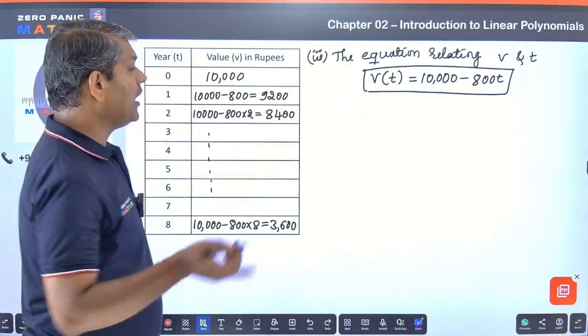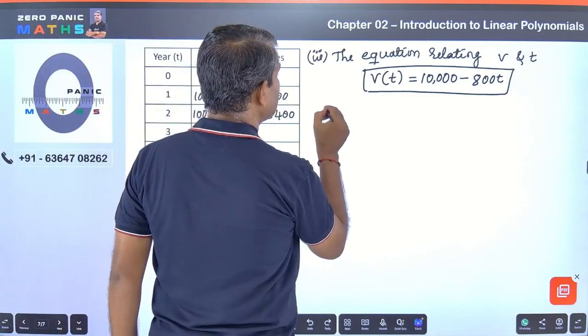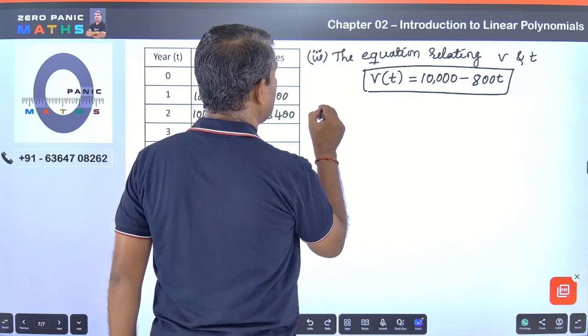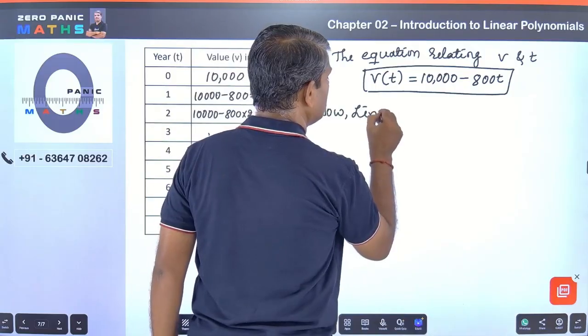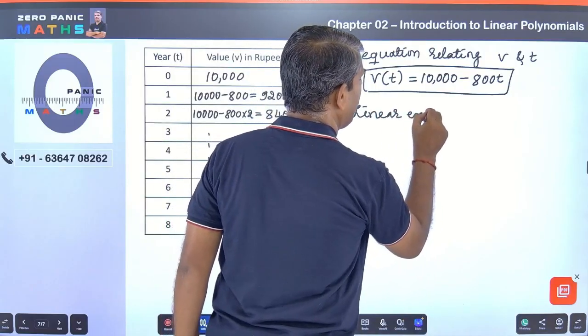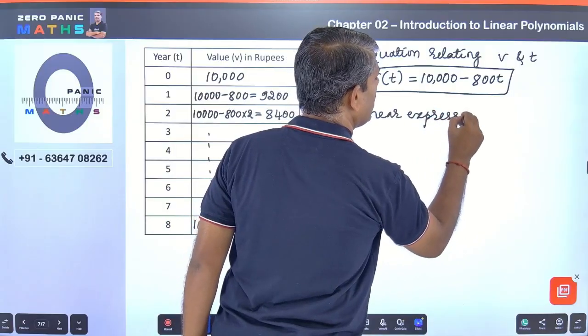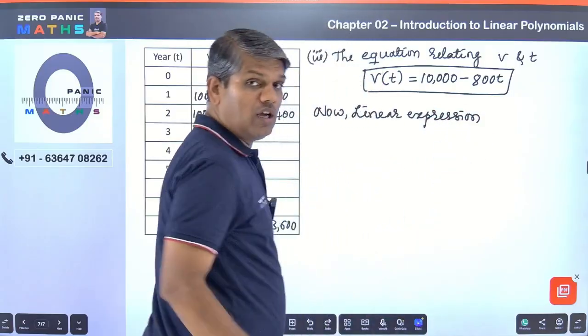So this is the equation that represents the relation between the value v and the time t. Now let us see the linear expression, in the form of y equals ax plus b. We need to write that also.